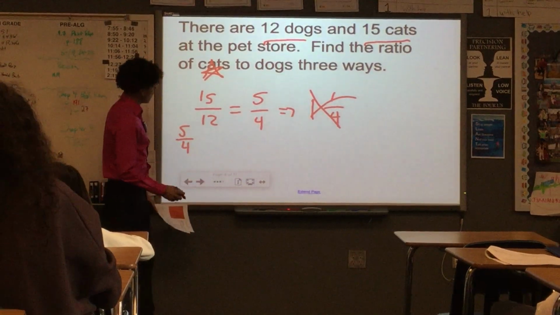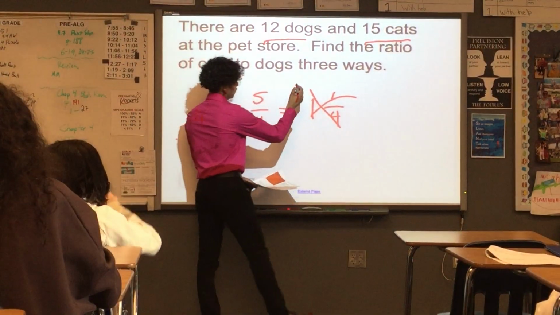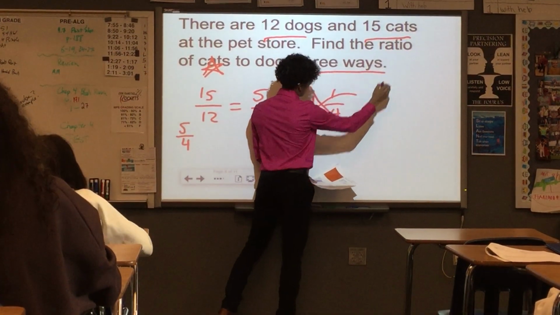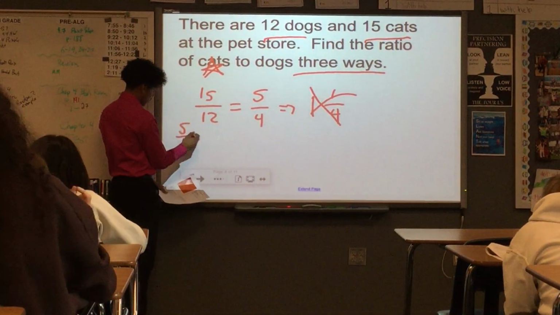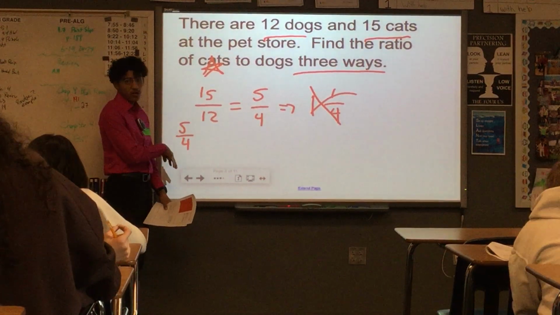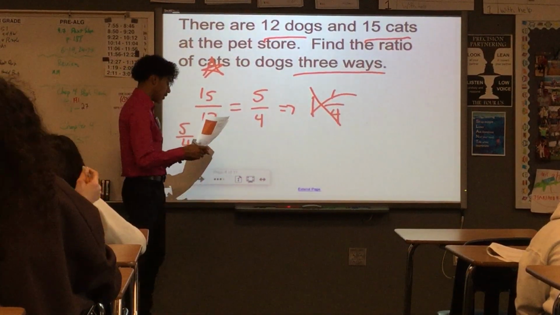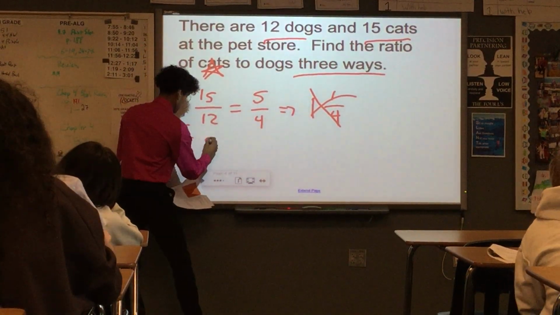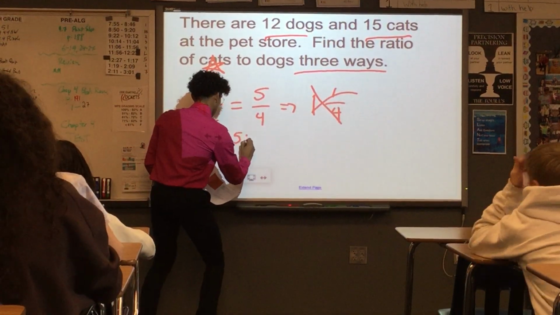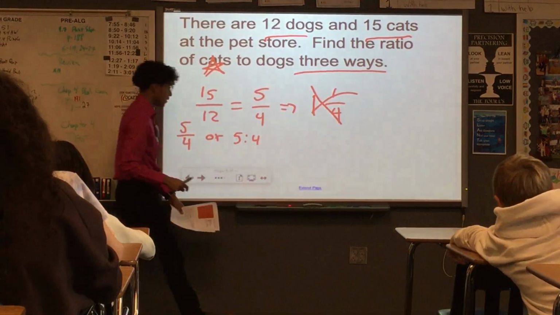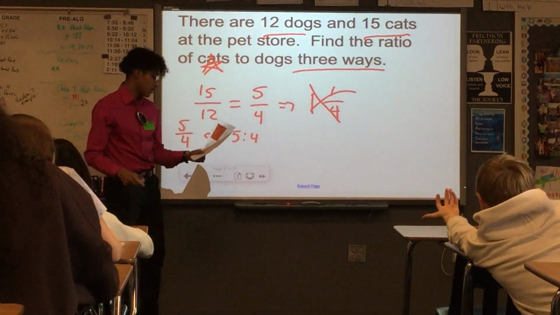right? And it's also asking us to write it in 3 different ways. Okay? That means you could write it like this. This would be one way, 5 over 4, that's how you say it in words. And then you could also write it as 5:4, ratios are written like this, which means 5 to 4.